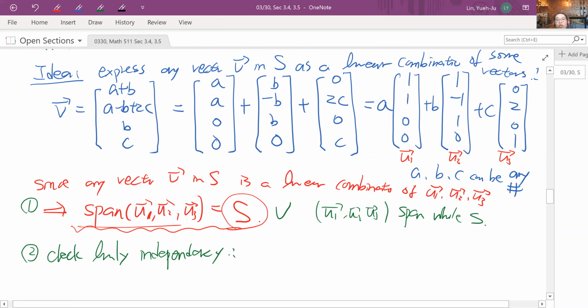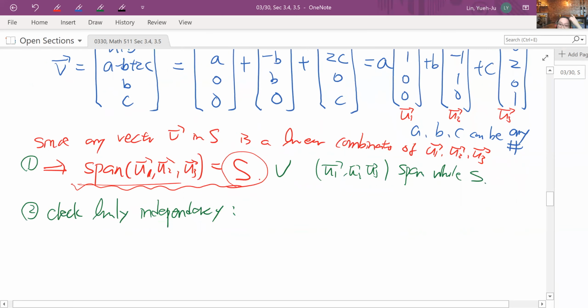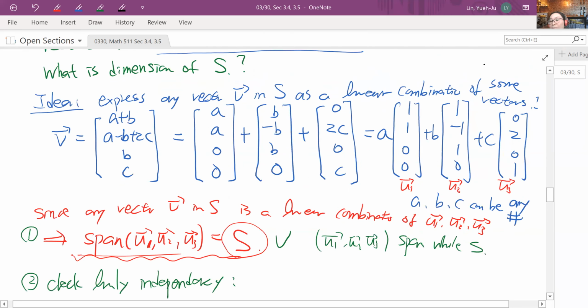Okay, so now you can see I have three vectors, which are some three vectors in R4. I don't know whether they're linearly independent or not, right? Because it actually doesn't go beyond four vectors, right? So I really don't know until I check it.